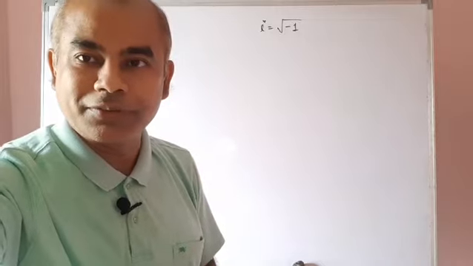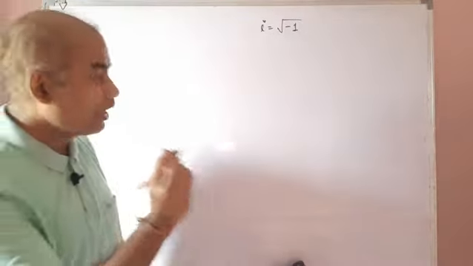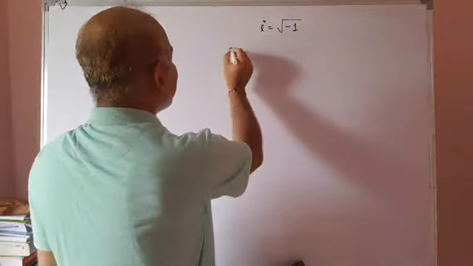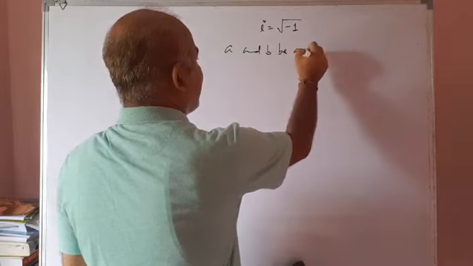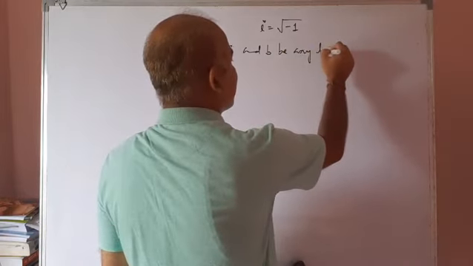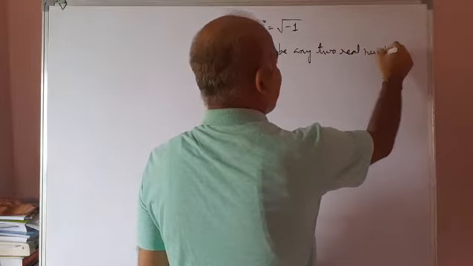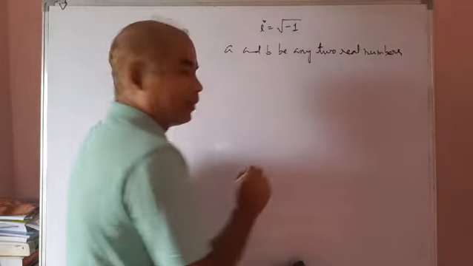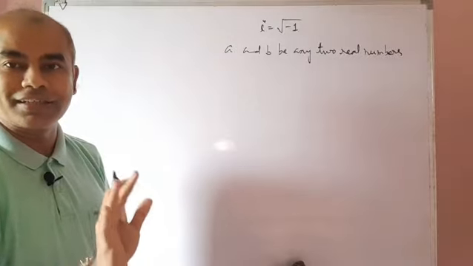So let us continue. Students, let a and b, small a and small b, be any two real numbers. I am repeatedly saying any real numbers, which means they can be natural numbers, whole numbers, integers, anything.